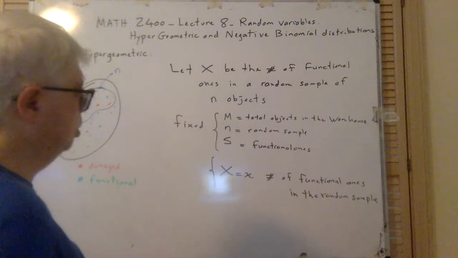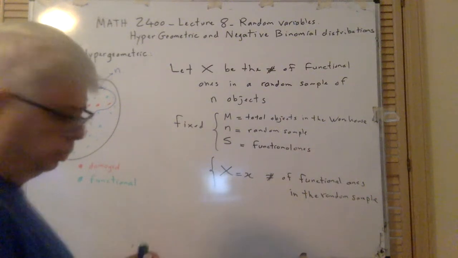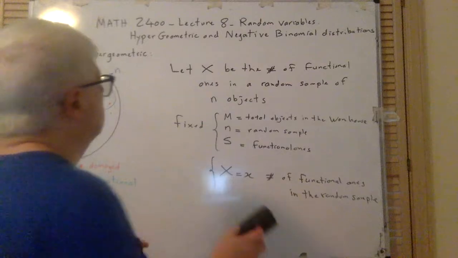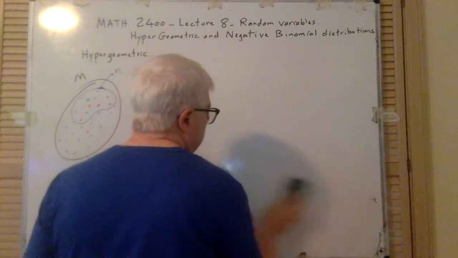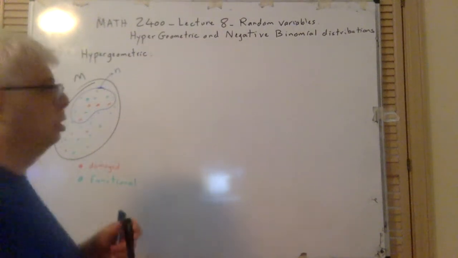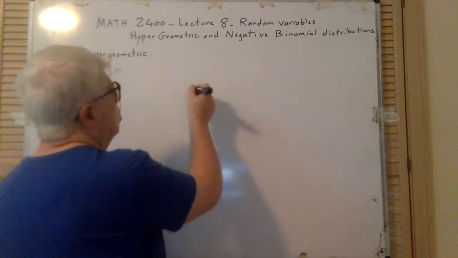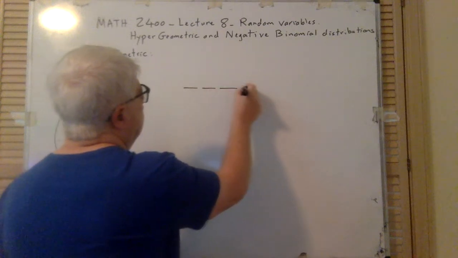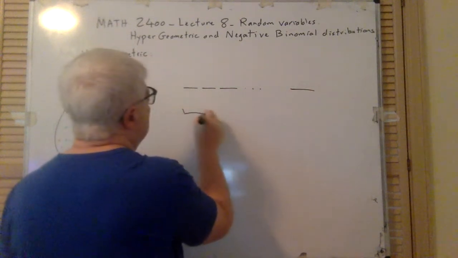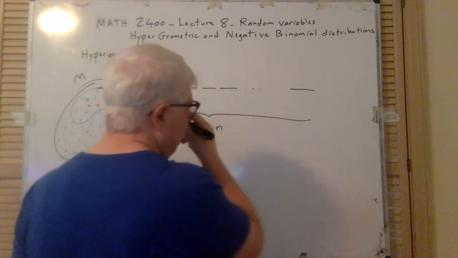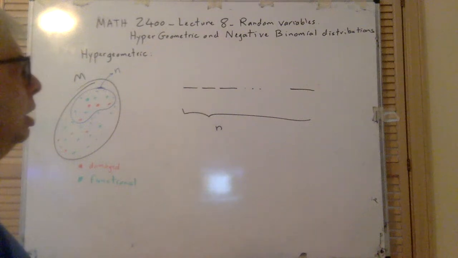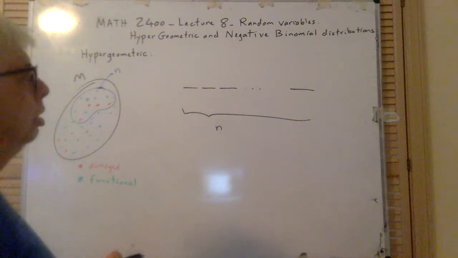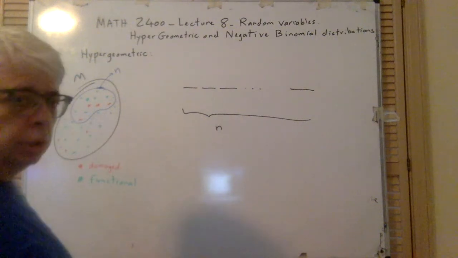Okay, let's see what we can do. Let me erase this and go back to the way that I usually do this. We have a random sample of n, and some of them are good and some are bad.